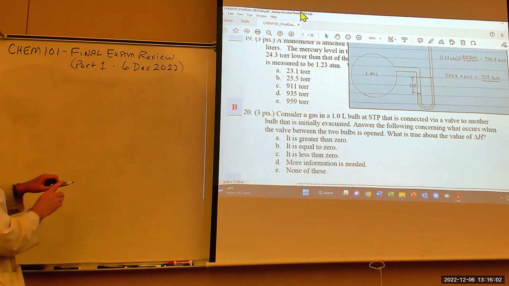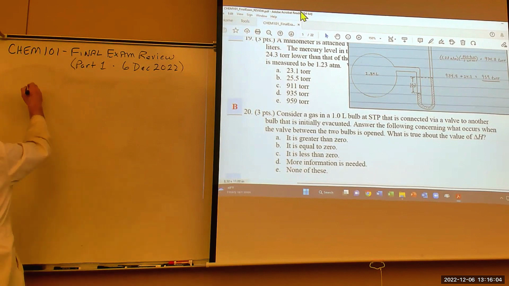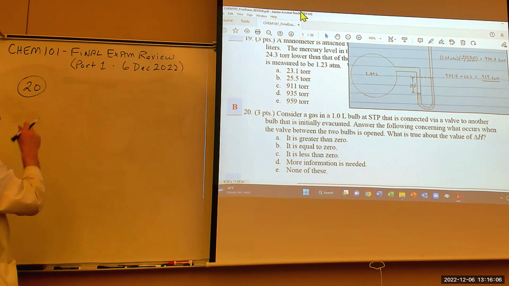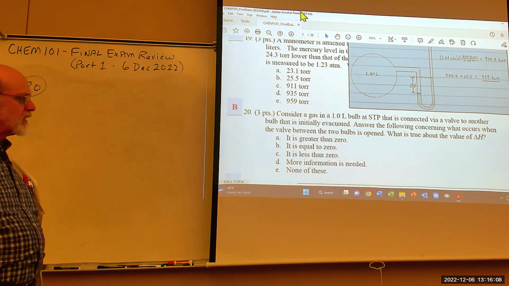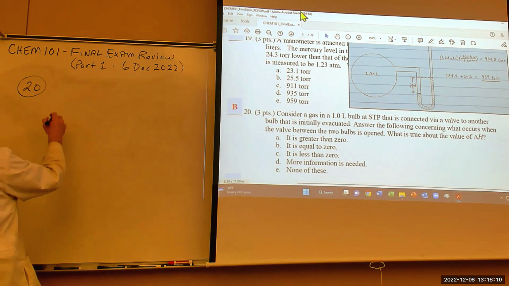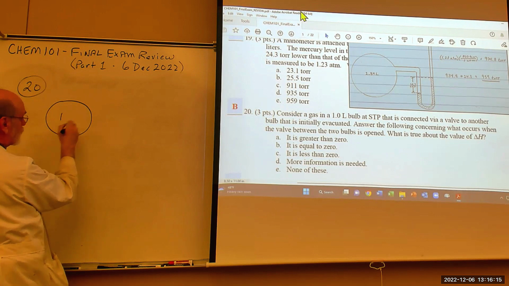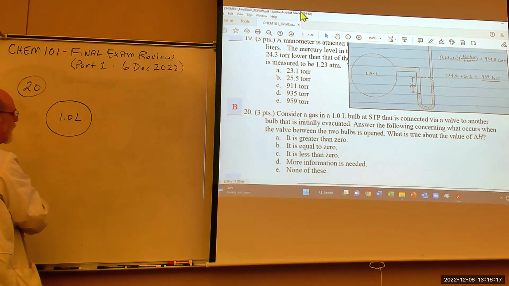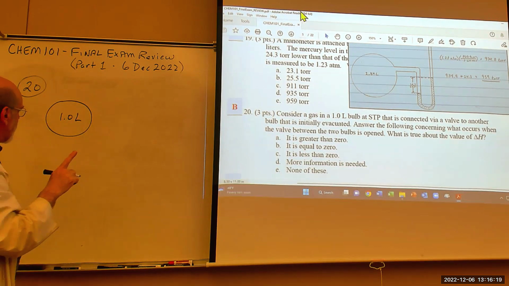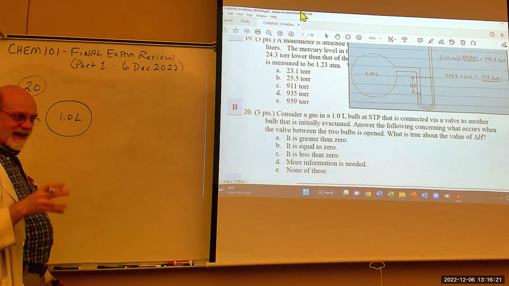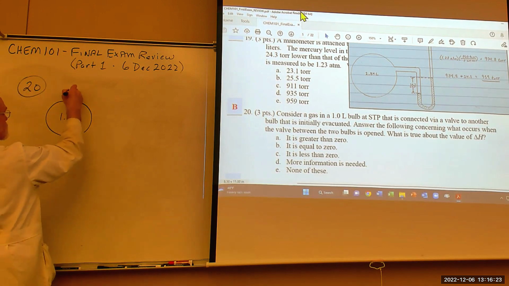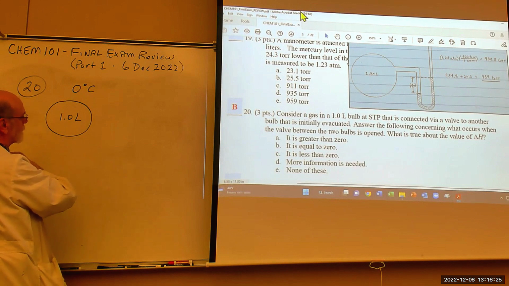All right, 20. Consider a gas in a 1 liter bulb at standard temperature and pressure. Okay, so we got a 1.0 liter volume at standard temperature and pressure. For a gas, standard temperature is 0 degrees Celsius.